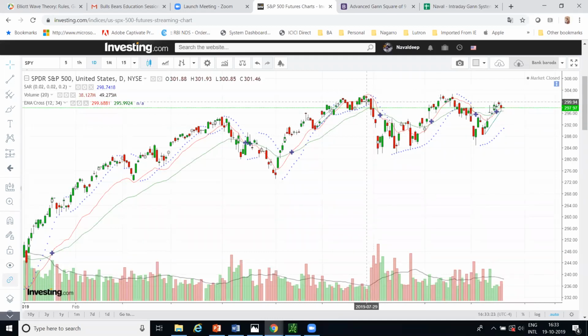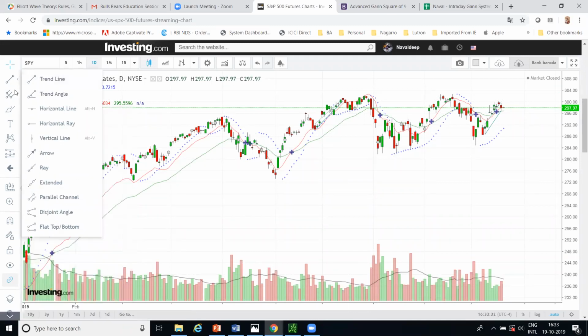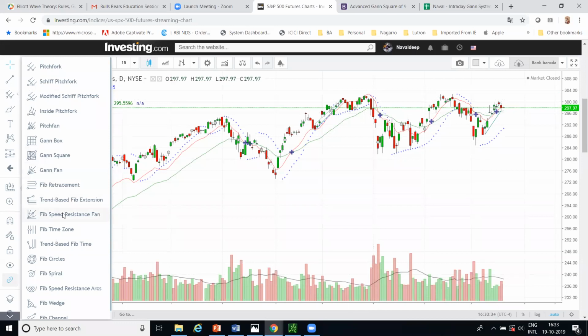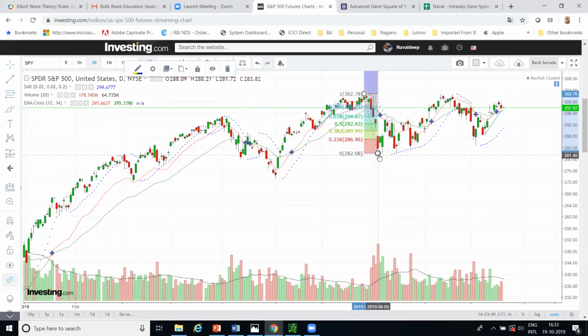So if I click here, where is the Fibonacci? Up here it is. So if I click here, this was the top, and if I click here, that's the bottom, I'll correct the lines.